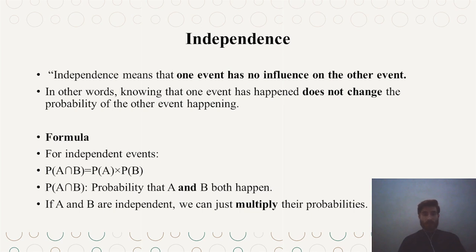Like if we flip a coin and for example heads occur, and we flip the coin a second time, it will not influence the second event. It may be heads or tails, but the first cannot influence it.